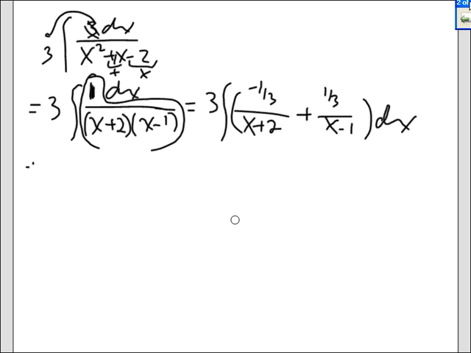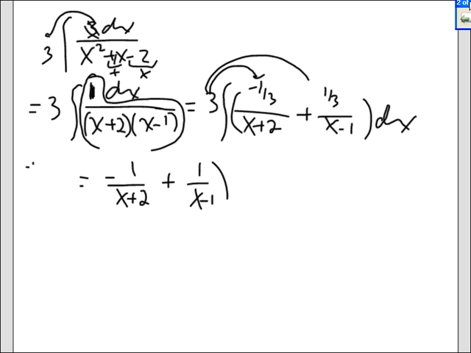Since it's friendly, this time I'm going to multiply by the 3. 3 times this, well, that's negative 1 over x plus 2 plus 3 times this is just good old 1 over x minus 1.